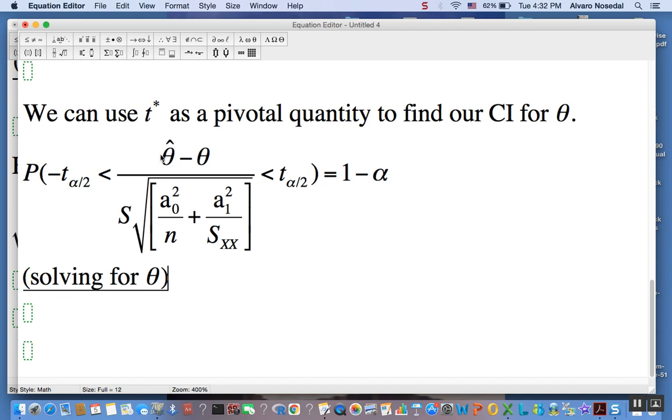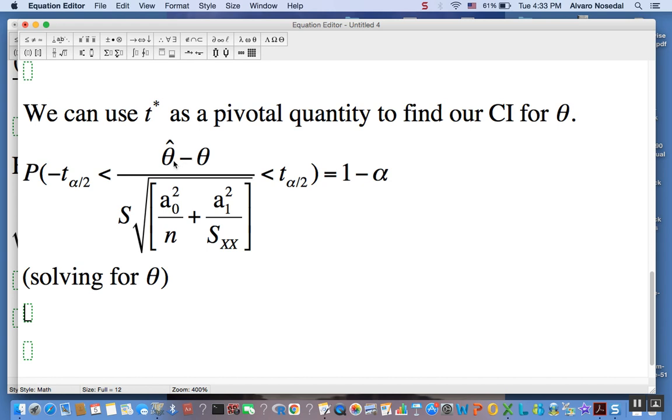You're going to be multiplying both sides of the inequality, then subtracting theta hat from both sides, and dividing by a negative, so the directions of the inequalities will switch.